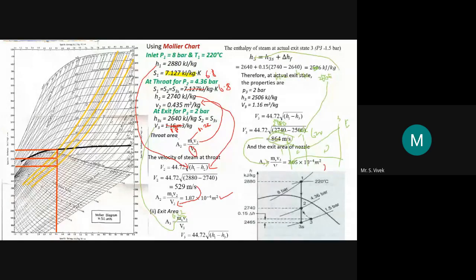You are getting 2.78. Sir, A3 is 3.31. Is it the area? A3, sir.